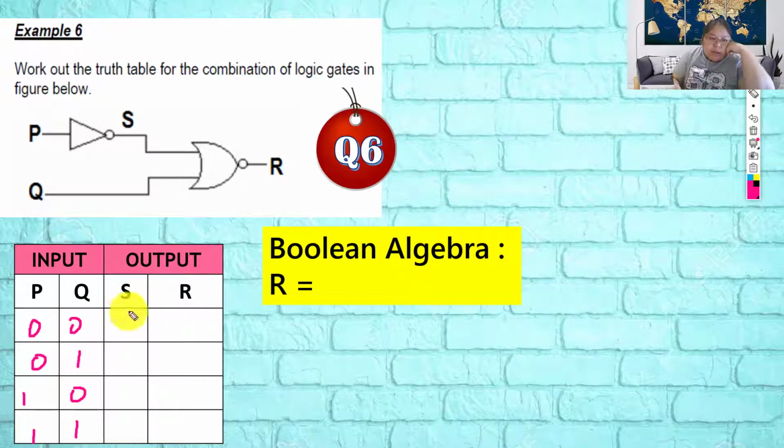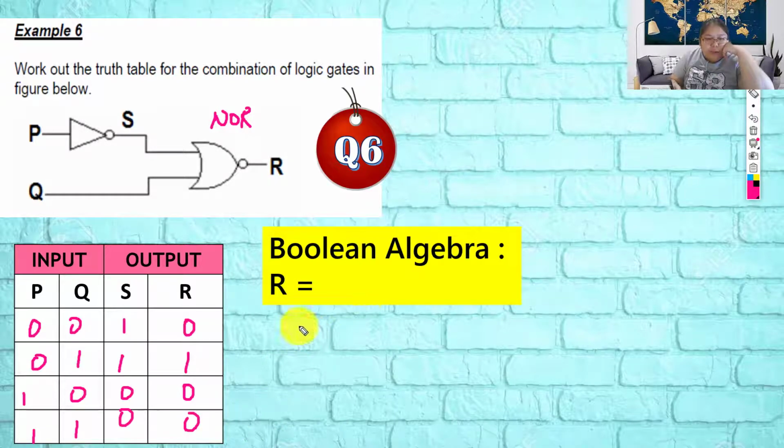Okay, S is from the NOT gate. We go straight to R. R is a NOR gate from the S and also the Q. The NOR gate means the enemy. Okay, 0, 1, 0, 0. So this one is your answer.